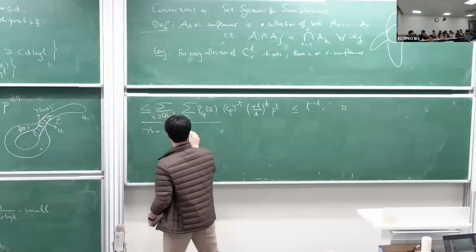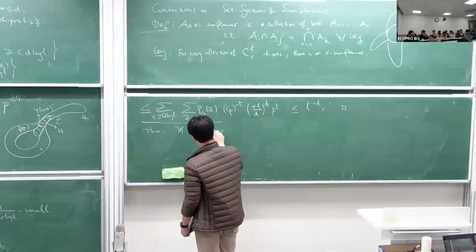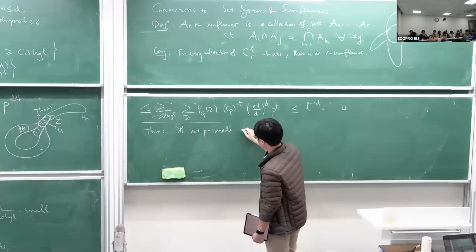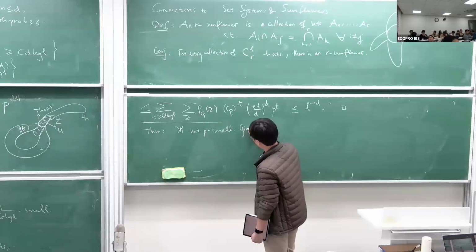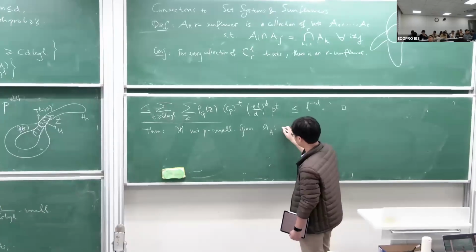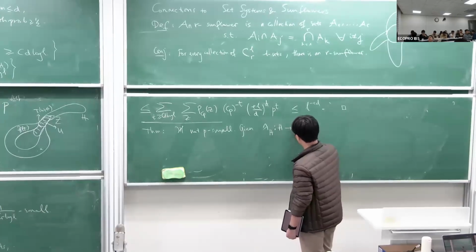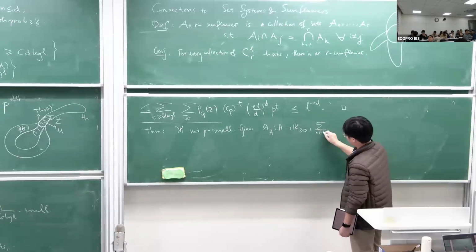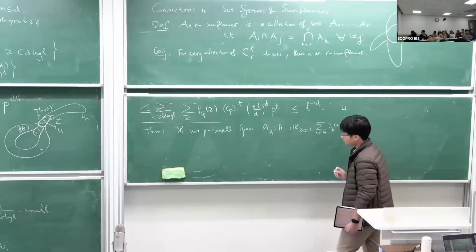You have H, which is not p-small. And then some adversary can come in and give you all of these weights or coefficient vectors, whatever. You have the condition that the sum of the weights is at least 1, let's say equal to 1.